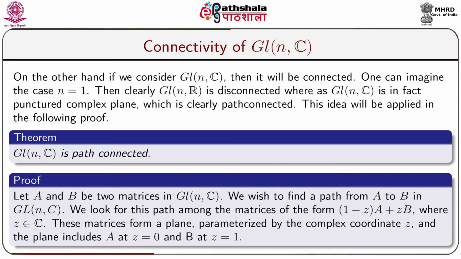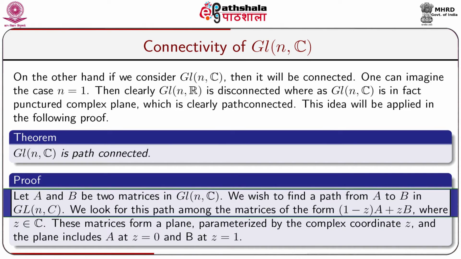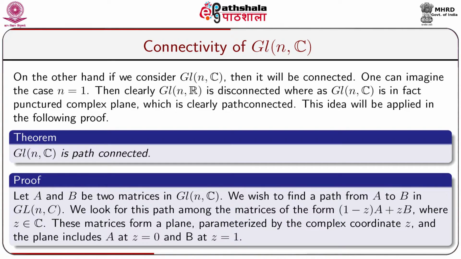To prove that GL(n, C) is path connected, let A and B be two matrices in GL(n, C). That is, the determinant of A is not equal to 0 and the determinant of B is also not equal to 0. We would like to find a path from A to B which is contained in GL(n, C).